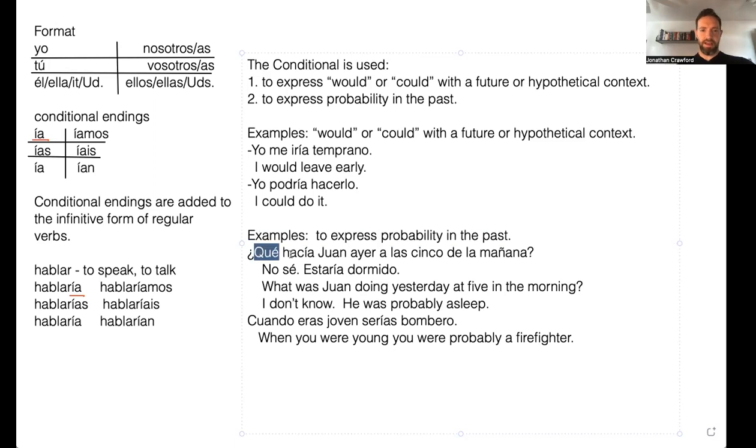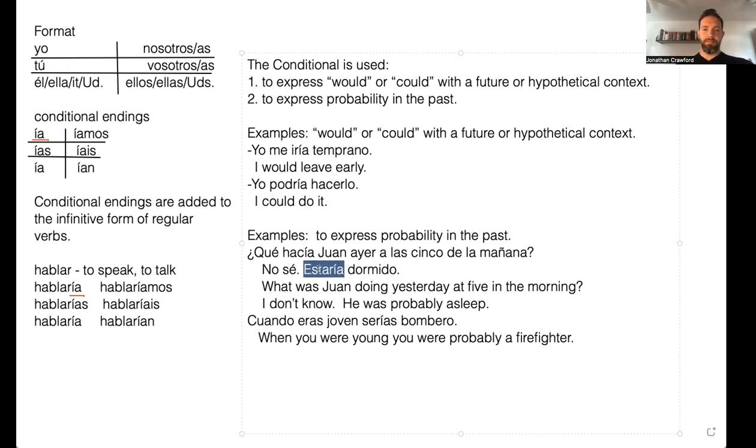So, for example, if you say, ¿Qué hacía Juan ayer a las 5 de la mañana? What was Juan doing yesterday at 5 in the morning? No sé. I don't know. Estaría dormido. He was probably asleep.